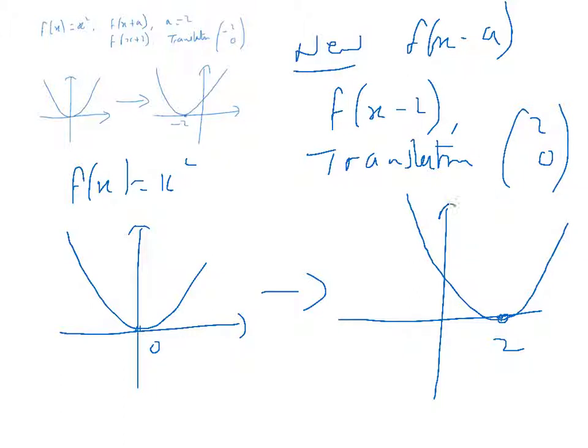So the origin here was where the minimum point was. The minimum point has now moved here, 2 to the right.